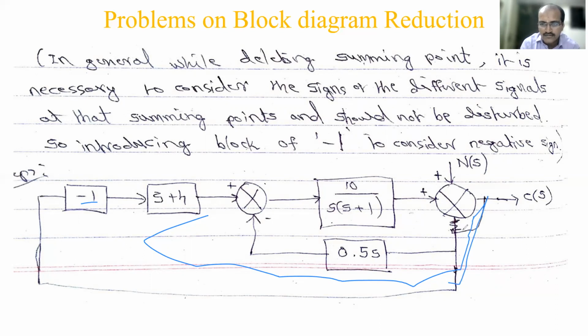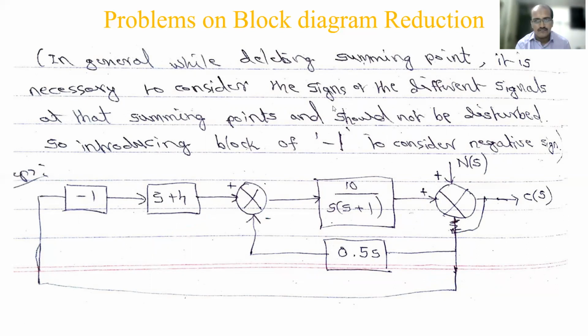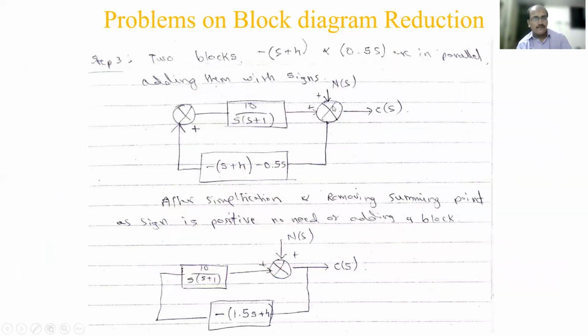And then along the same path, you have this block also in parallel, right? So you can consider the parallel case now, and add both: minus S plus 4 and this one. That we'll do in the next step. The two blocks, minus S plus 4, I have directly done that.